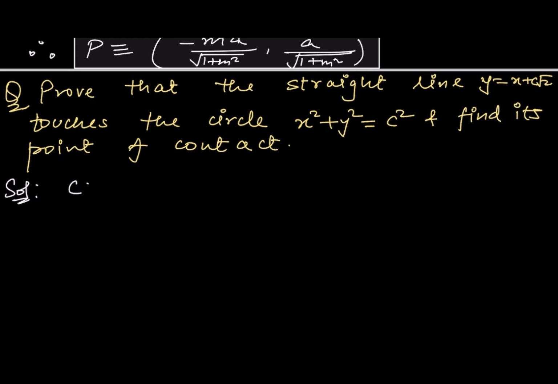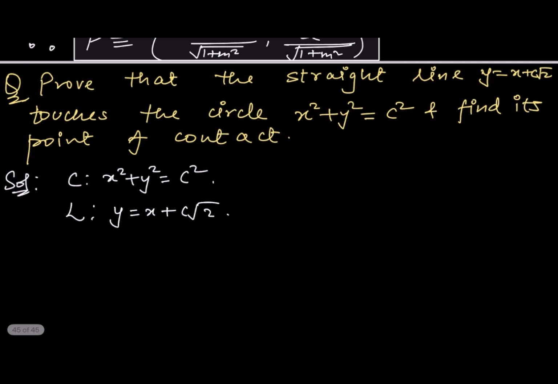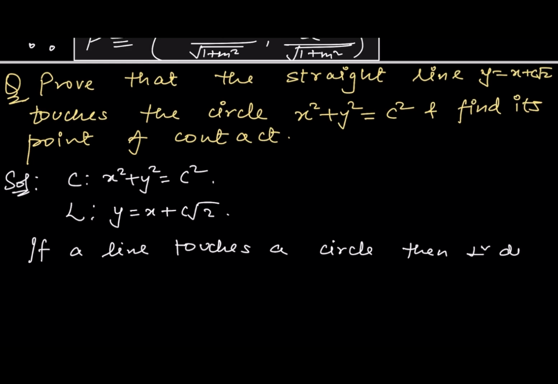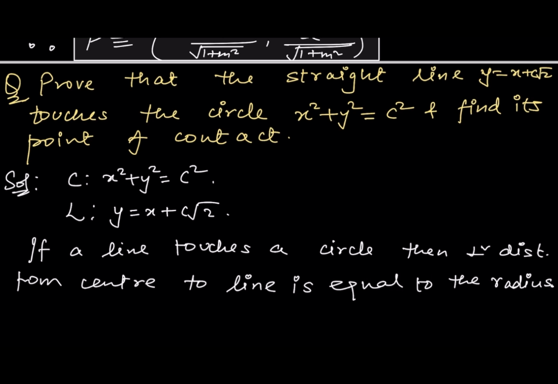So here the circle is x square plus y square is equal to c square, and the line is y is equal to x plus c root 2. Now as we know, if a line touches a circle, then the perpendicular distance from the center to the line is equal to the radius, right?